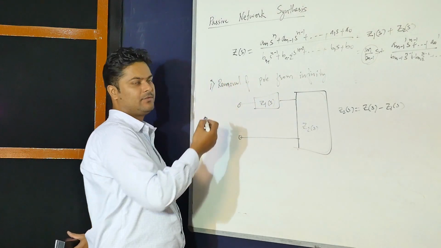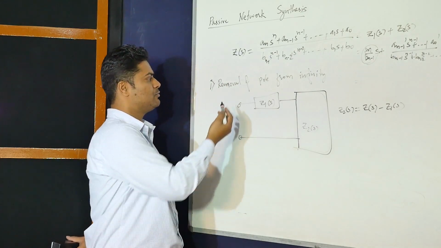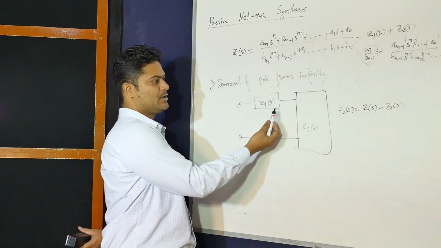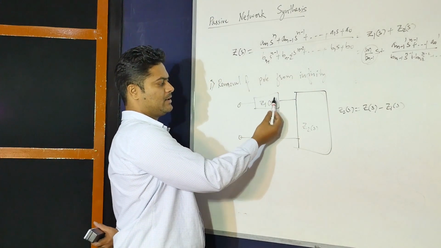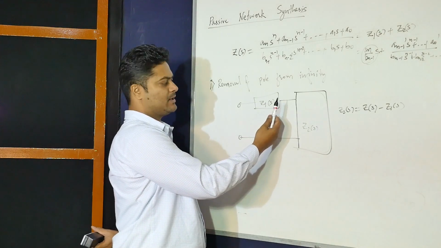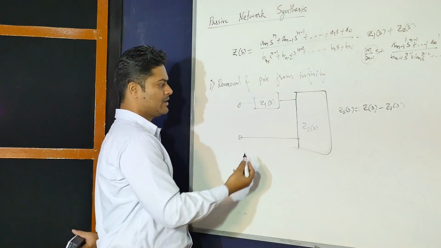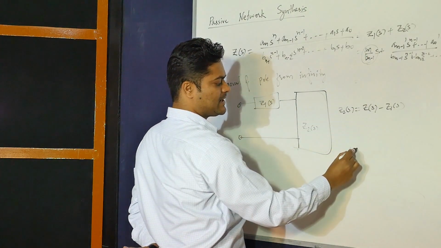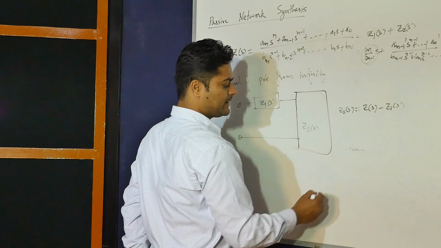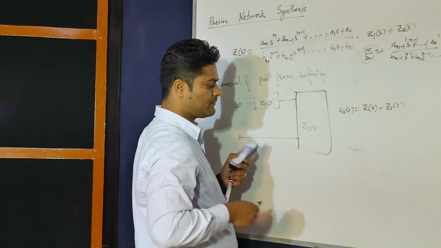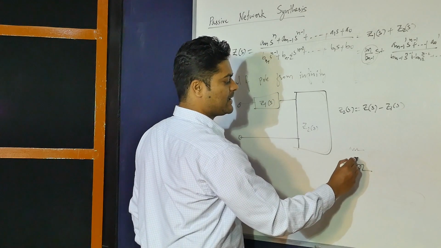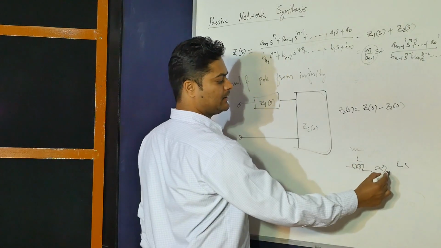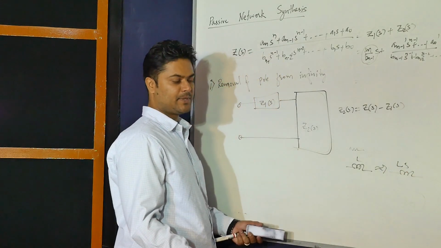So a network can be synthesized by removal of a pole from infinity. If we remove a pole from infinity, we remove one element from Z2 of s. We know that a resistance in Laplace is written as a resistance. An inductor L in Laplace is written as Ls, correct? Inductor with value Ls, if it is Z, the impedance function.